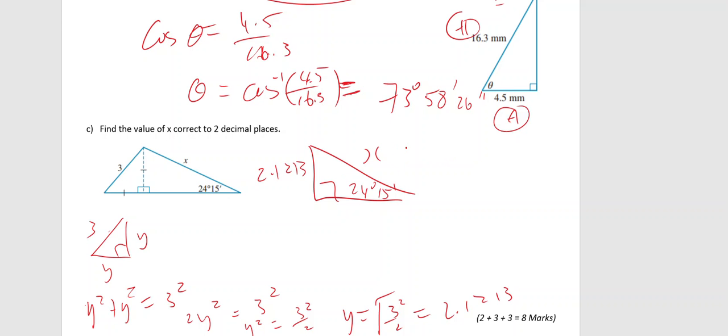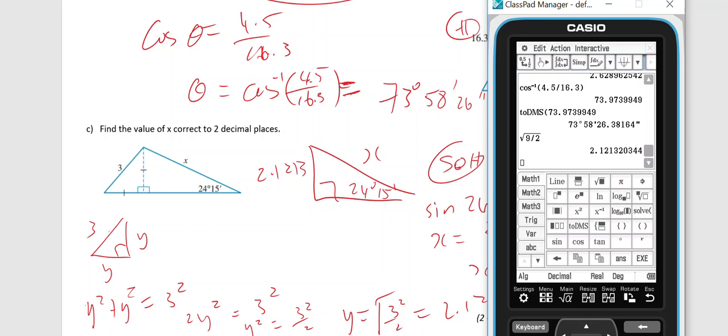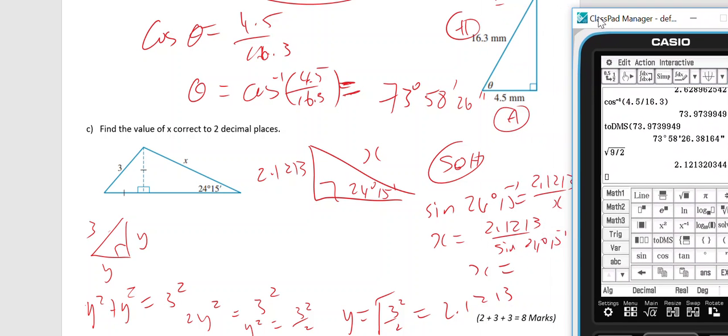Opposite hypotenuse, so it's sine or SOH. So sine of 24 degrees 15 minutes equals opposite 2.1213 divided by x. So x equals 2.1213 divided by sine 24 degrees 15 minutes. And you want x in two decimal places, so there's a lot going on there, I know, but sometimes you just got to do it, okay?